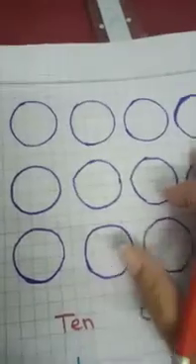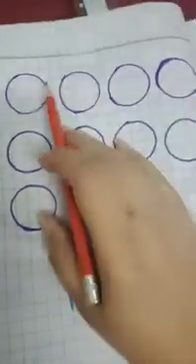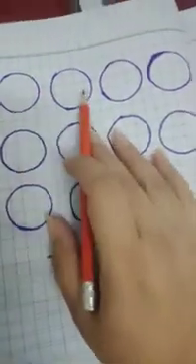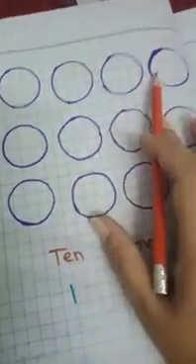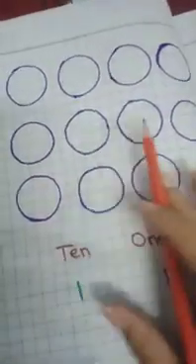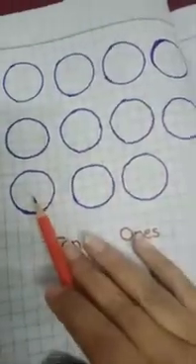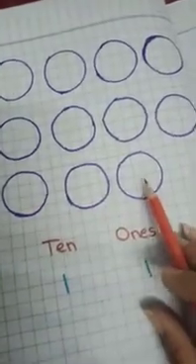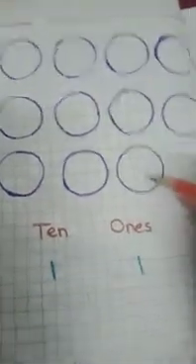What is this? Circles. Count with me. 1, 2, 3, 4, 5, 6, 7, 8, 9, 10, 11. How many circles? 11.